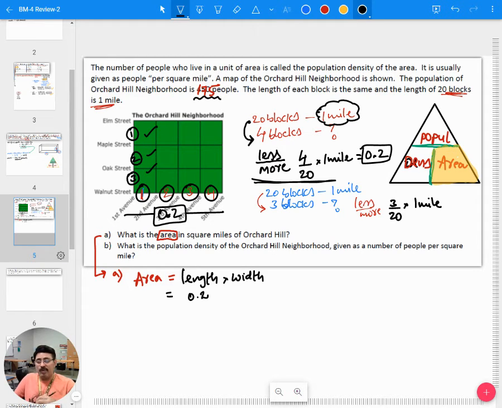Let me use my calculator: 3 over 20 is 0.15. So we found the length and width of this location. It is 0.2 times 0.15, which is 0.03. So the area is 0.03 square miles.